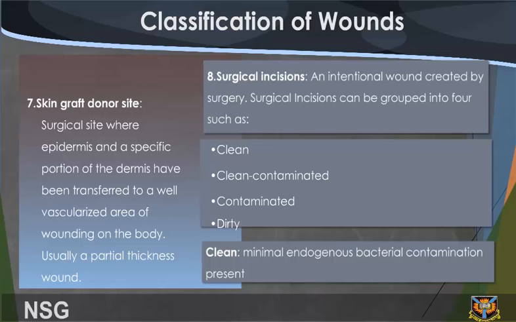8. Surgical incisions. An intentional wound created by surgery. Surgical incisions can be grouped into 4: clean, clean contaminated, contaminated, and dirty. Clean: minimal endogenous bacterial contamination present.